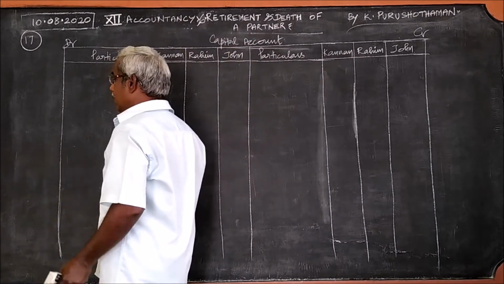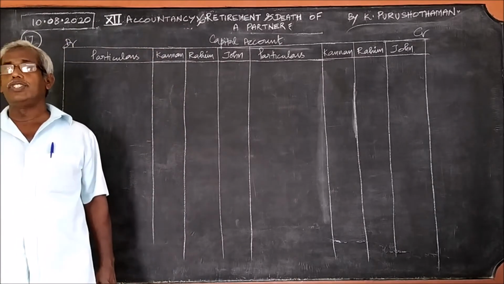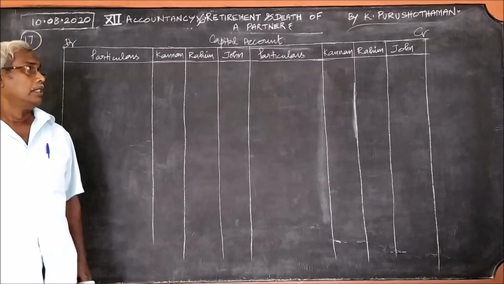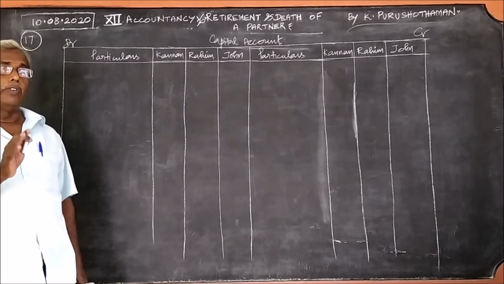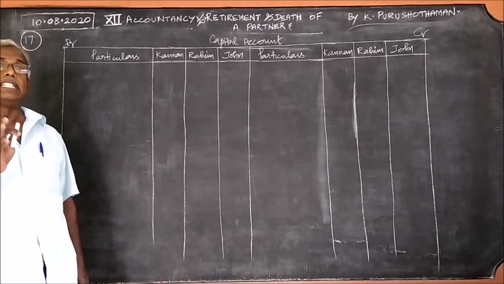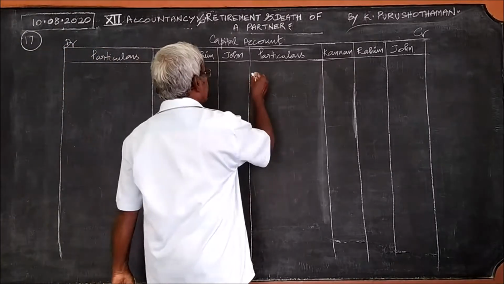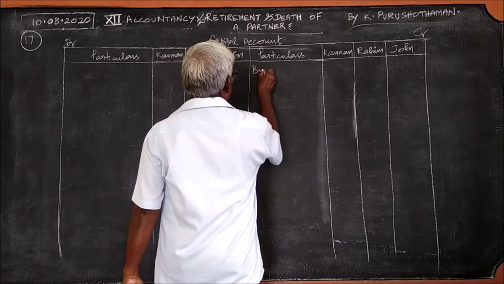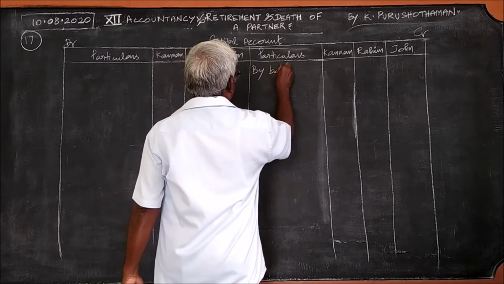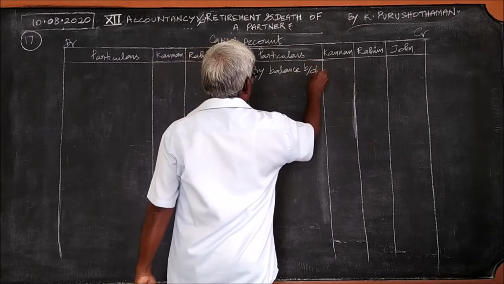In this, what should we write? I told you in the last chapter itself, in the capital account, first we should write the amount invested by the partners. So in this, what should we write? By balance brought down.